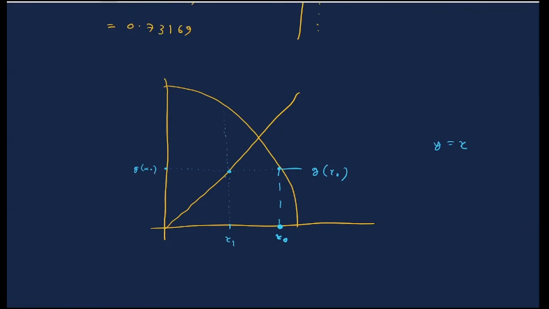We move upwards. This is our g of x1. And the value of g of x1 on the y-axis is this; since y equals x, this is the value for x3.